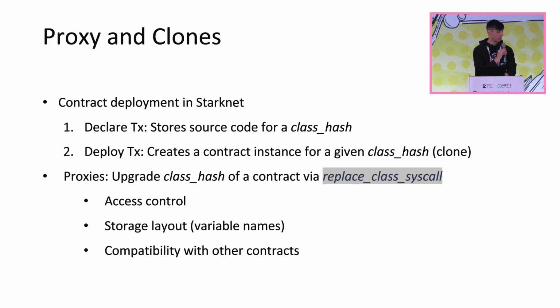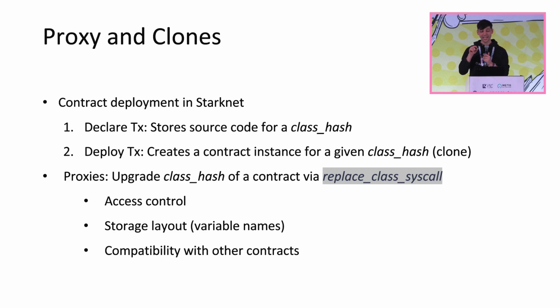Proxy and clones on StarkNet are actually natively supported. So for example, when you deploy a contract, you have two steps. First, you declare the contract, which is registering its class hash on StarkNet. The class hash is computed from the compiled contract bytecode.